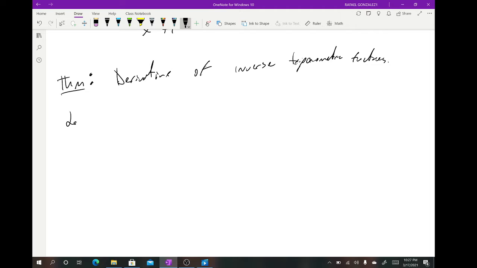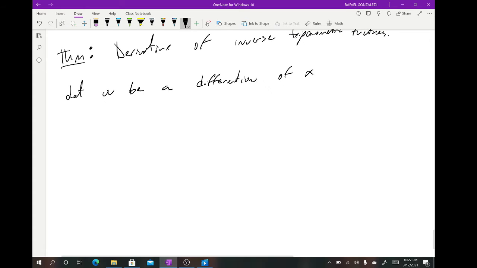Okay, so let u be a differentiable function of x. Then the following are the derivatives of the 6 inverse trigonometric functions.